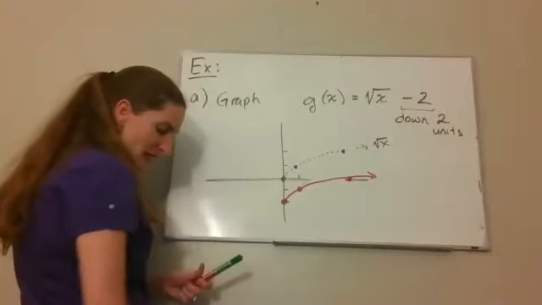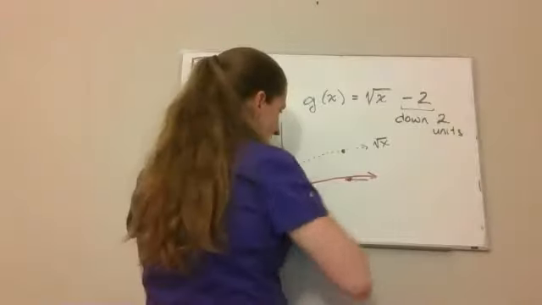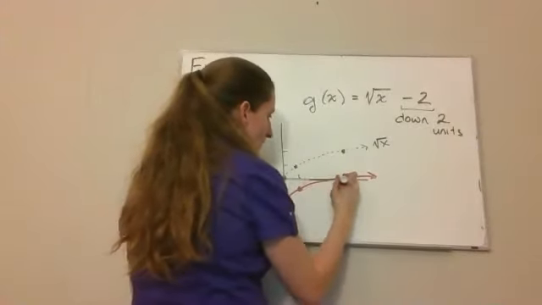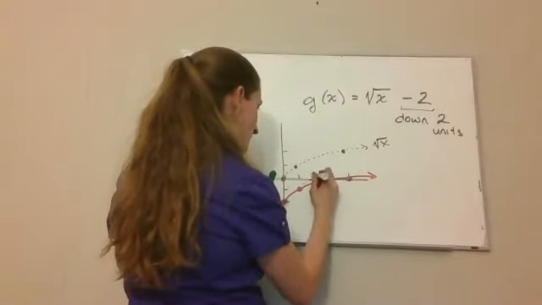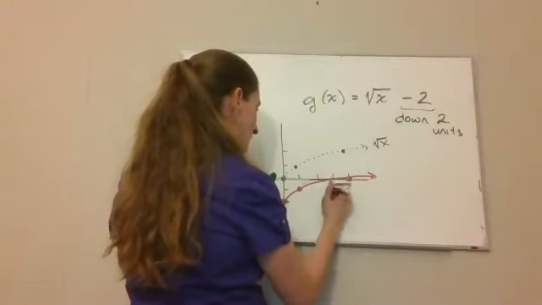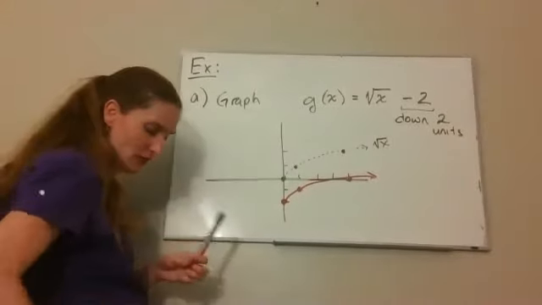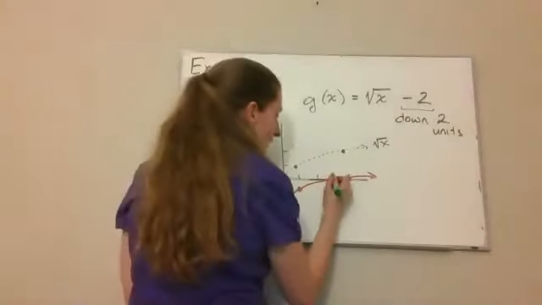Let me fix up my axes that I messed up there. And there we go. In red, that is the graph of square root of x minus 2.